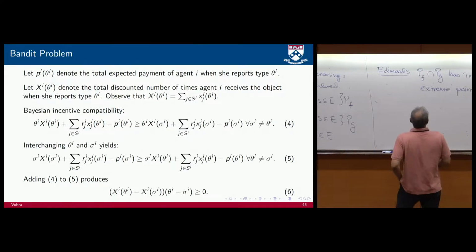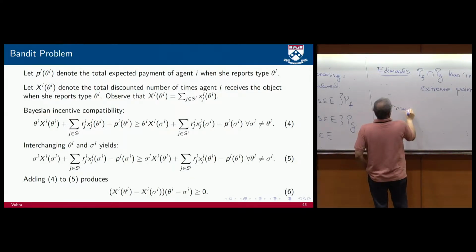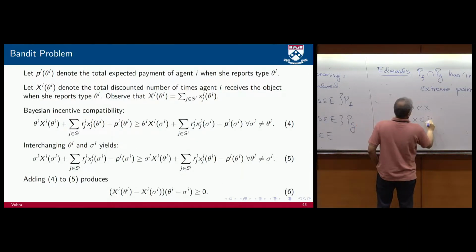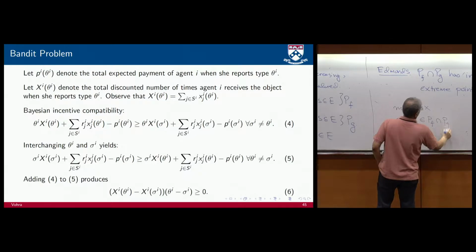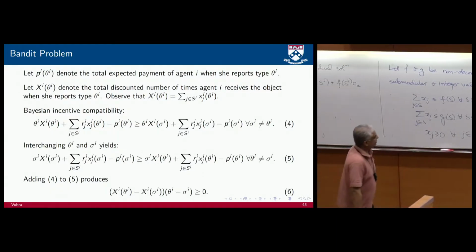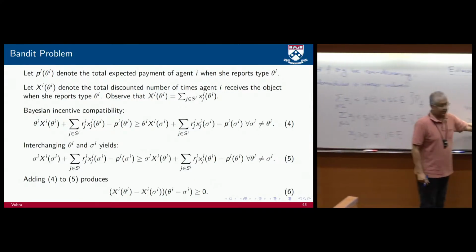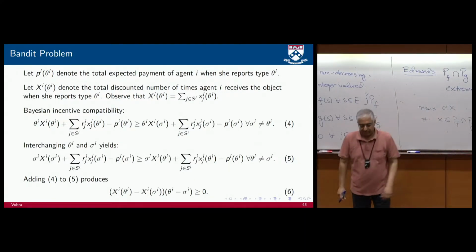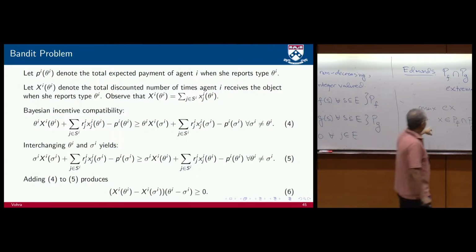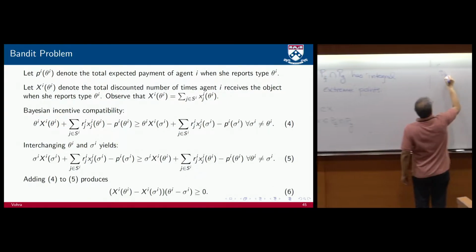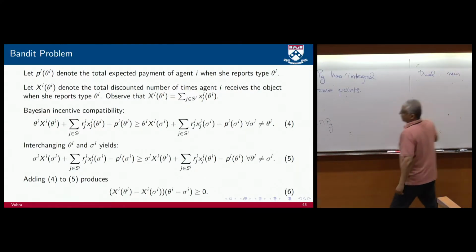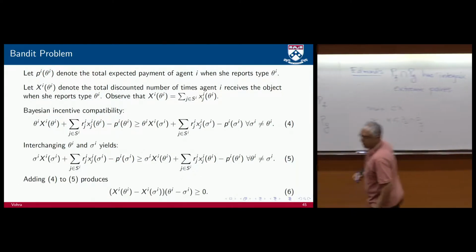Okay, so what we're going to do is look at maximizing a linear function subject to x living in the intersection of the 2 polymatroids. And now I'm going to write down the dual to this problem. Let me write it down first and then talk about how we arrive at it.